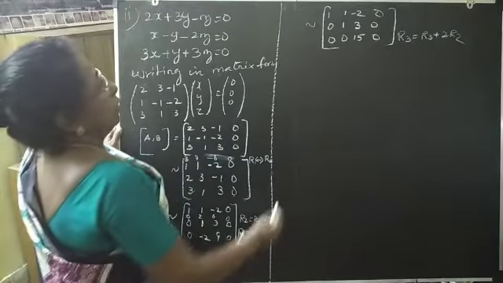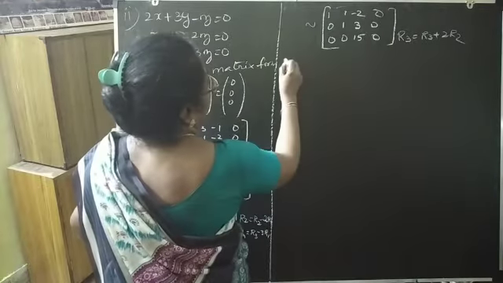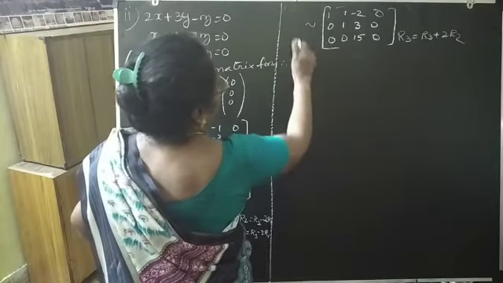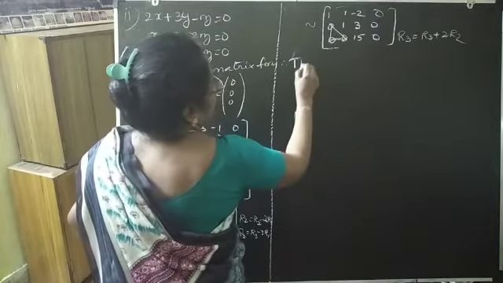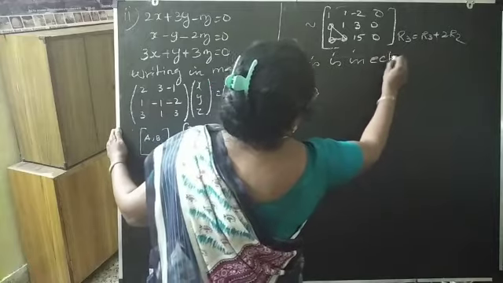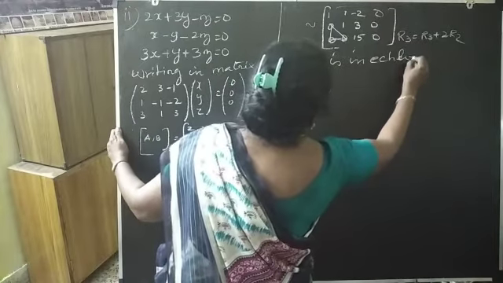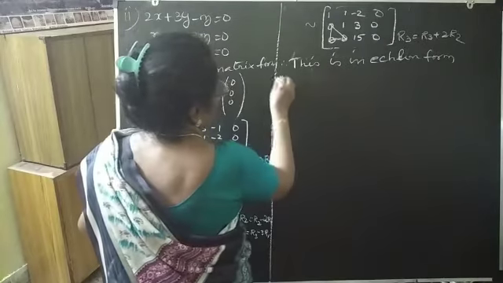Here, till here it is A and the full thing is AB. Therefore, rank of A: see, this is in echelon form. How many non-zero rows are there?